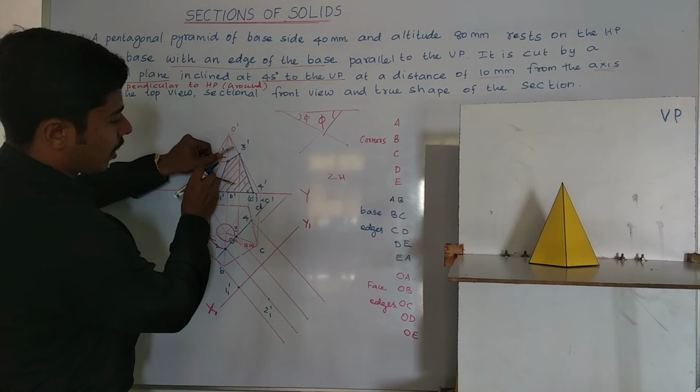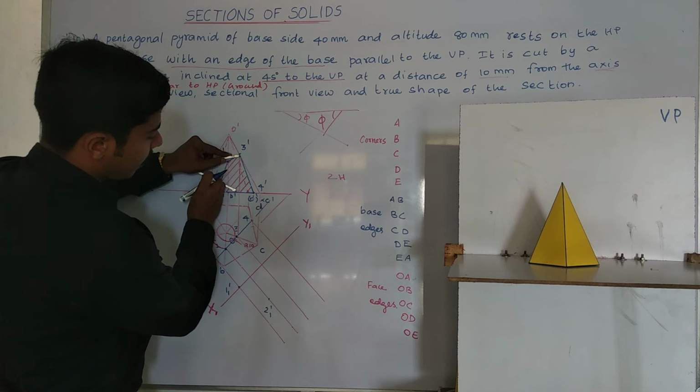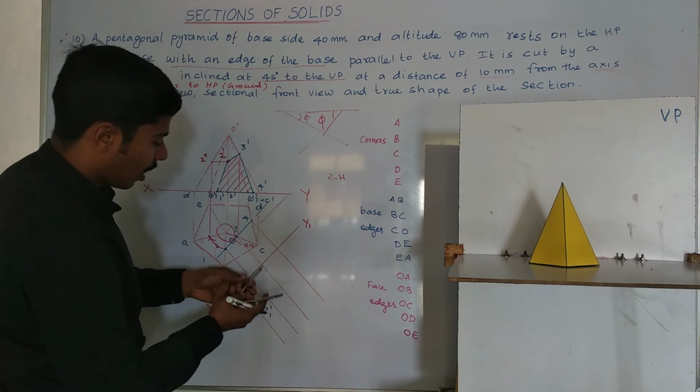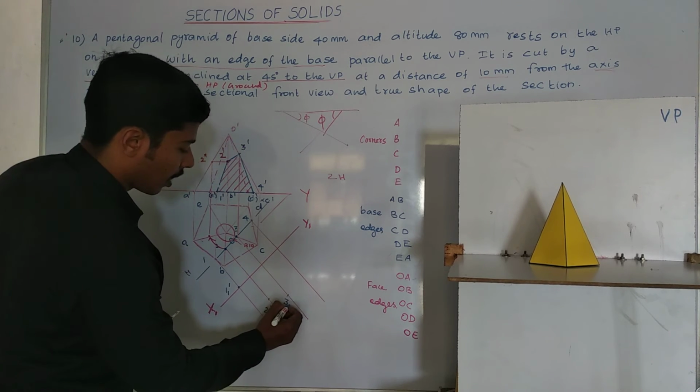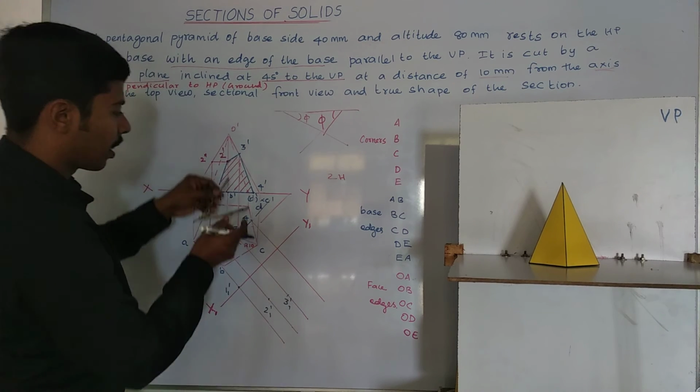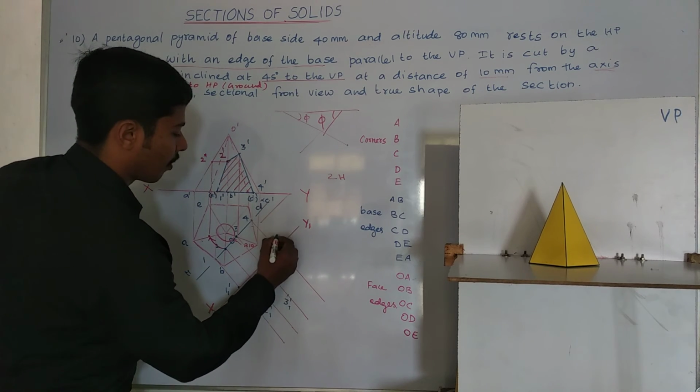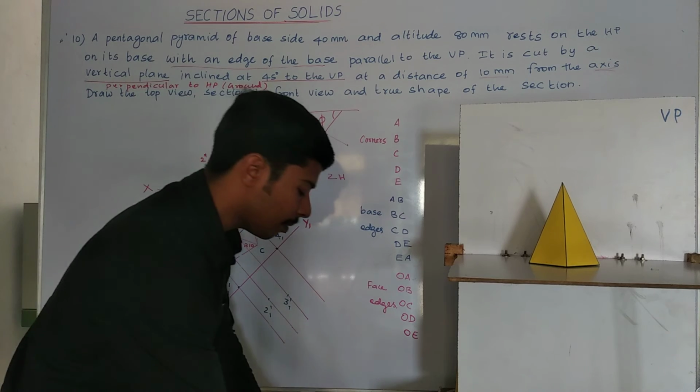Then similarly for 3, mark the distance and mark here. This is 3, 1 dash. Then 4 also in the reference line, 4, 1 dash.